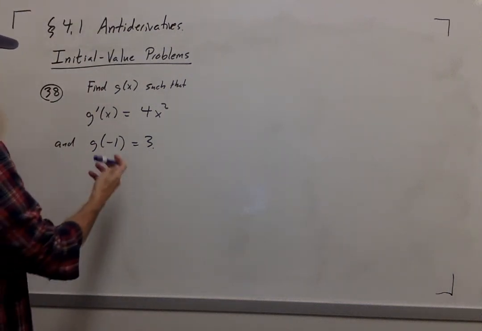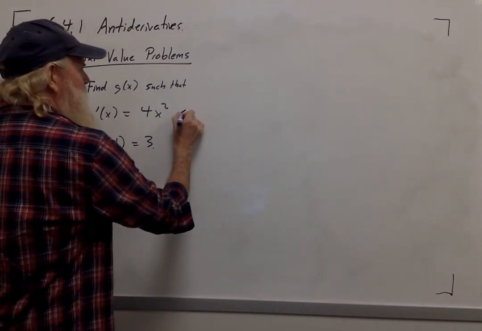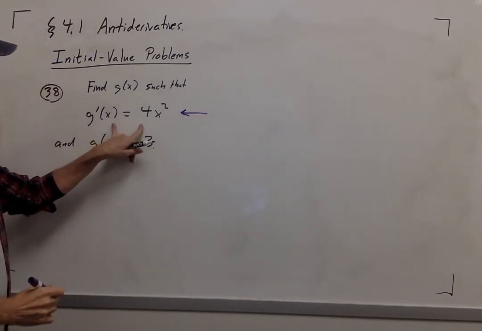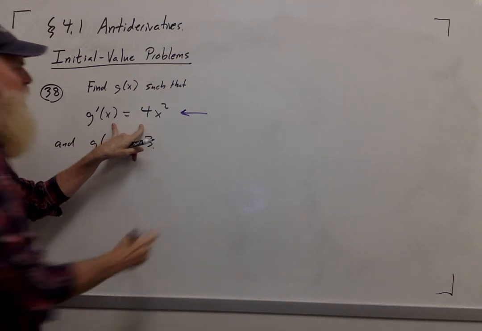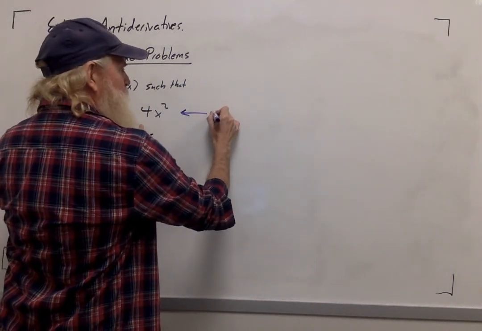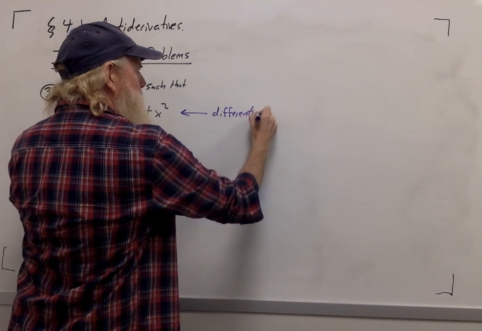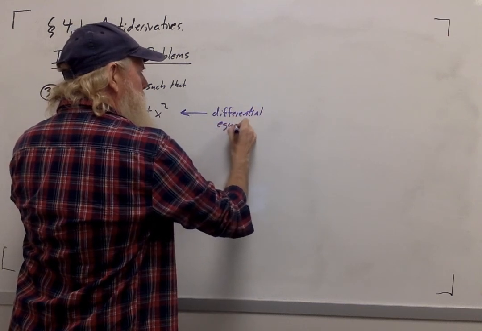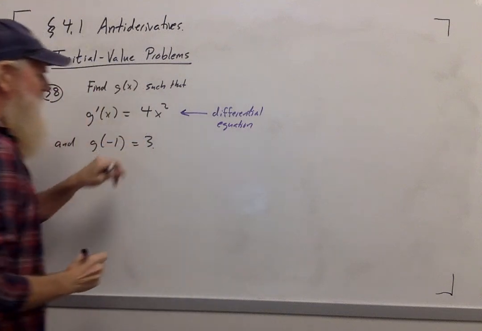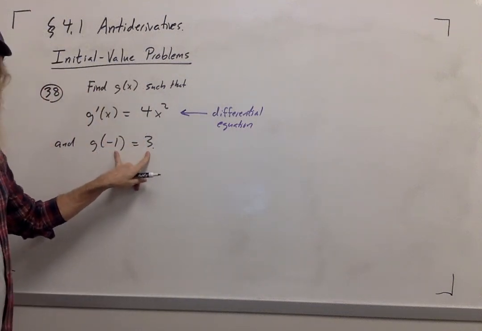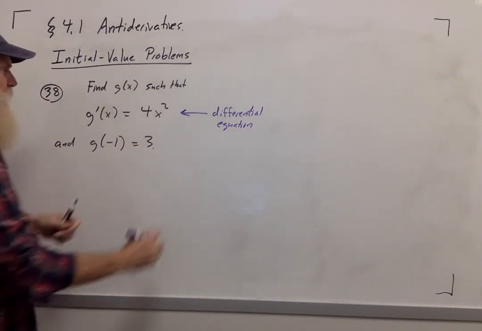An initial value problem has two parts. In one part, it gives you information about the derivative or derivatives of g. That's called the differential equation. And it also gives you one or more specific values for the function.